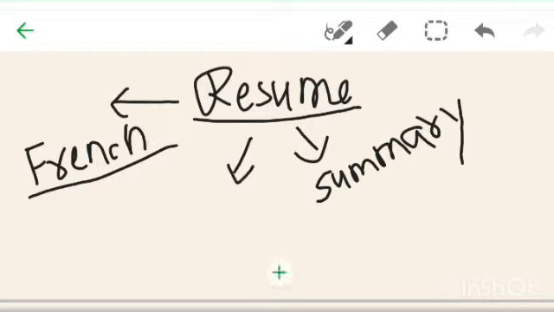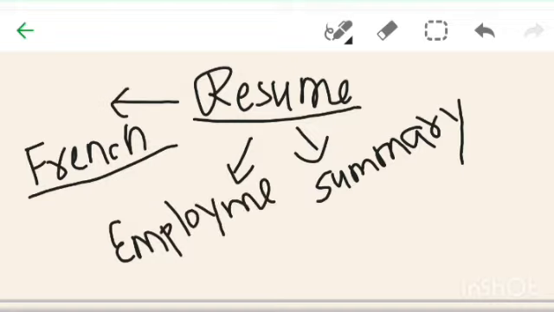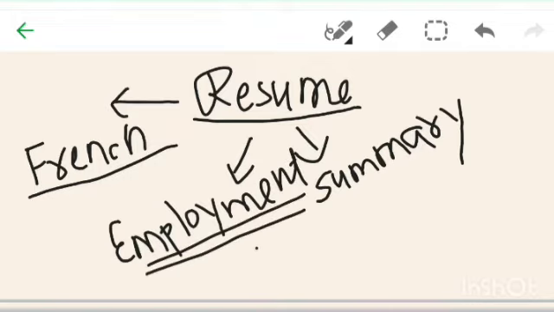Why do we create a resume? Resume is prepared only for the purpose of employment. Is that clear? Apart from that, it has no other task.